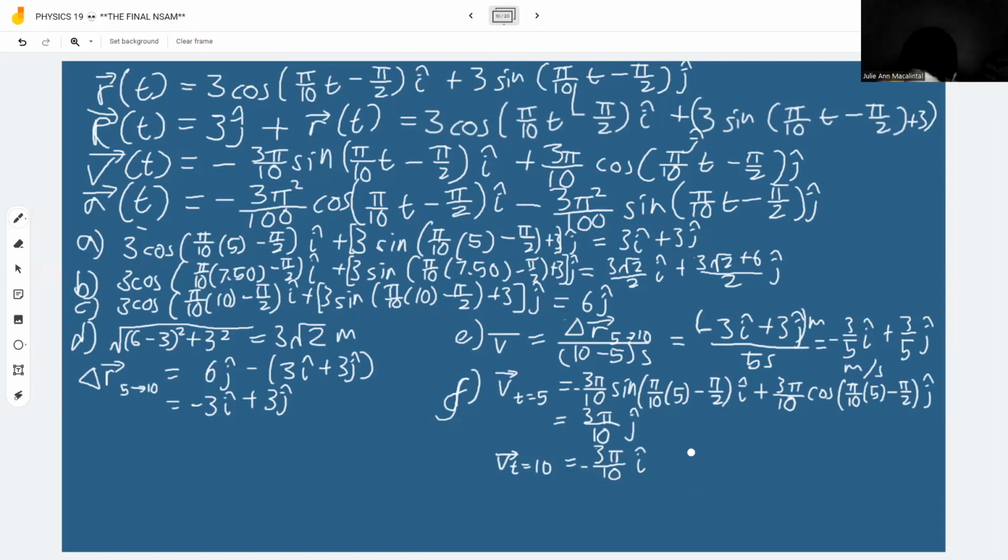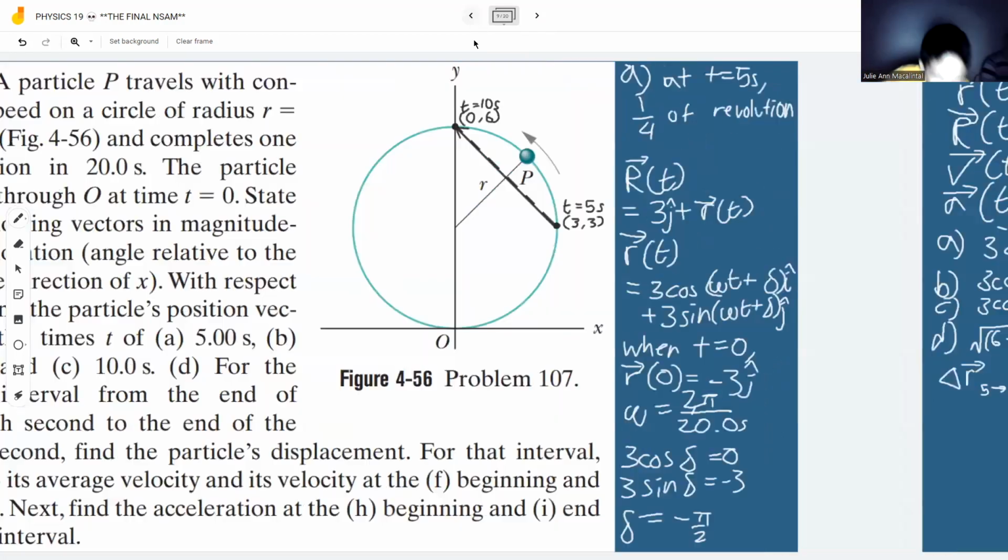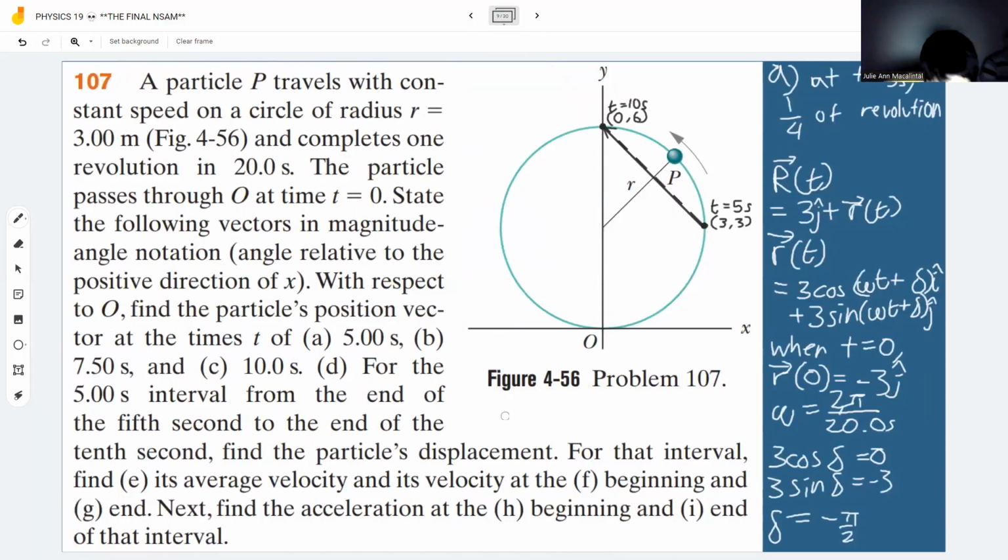Tapos may minus sign. And if you calculate the values from the formula, nagma-match din siya. So, kuha natin yung velocities niyan. So, that's F. Let's look at G. Ayun, beginning and end. So, F and G na yan. Acceleration at the beginning and the end of that interval.